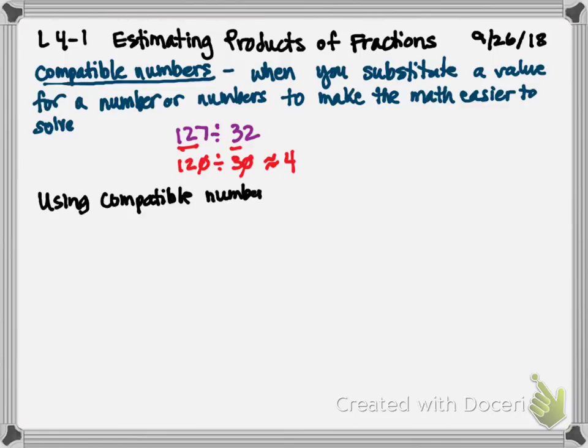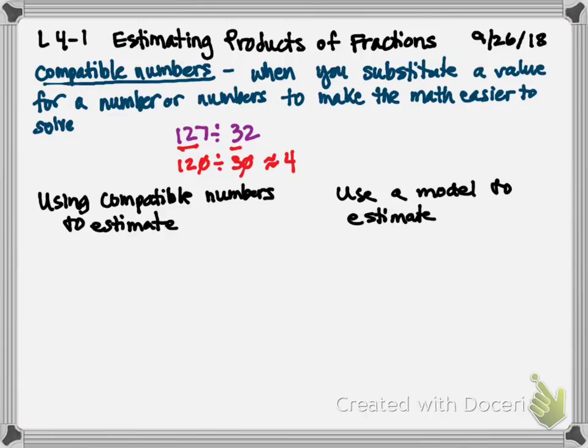And then we're going to do a little twist, and we're going to take those compatible numbers and we're going to make a model of the problem. So use a model to estimate. Now again, we don't just make a model, we're going to use a model and the compatible numbers together. So let's do this as our master problem.